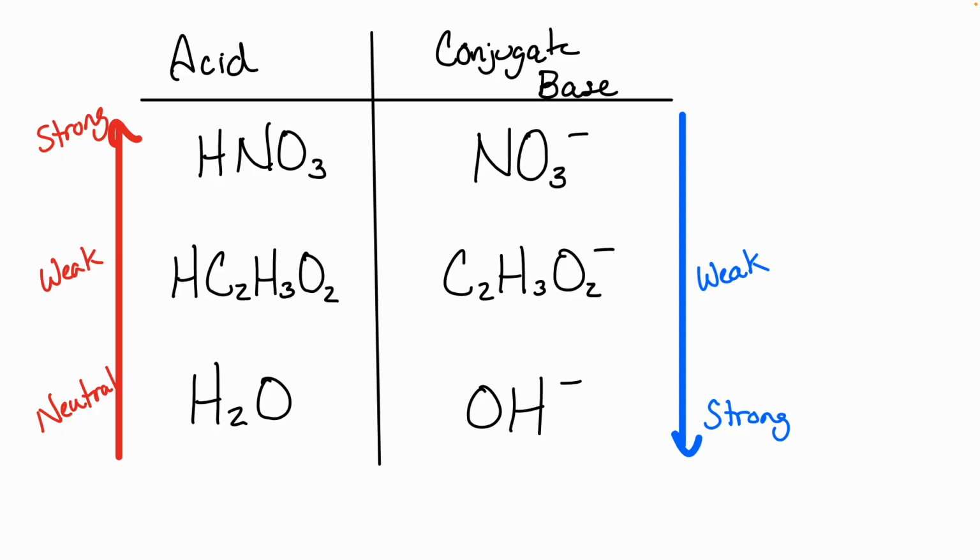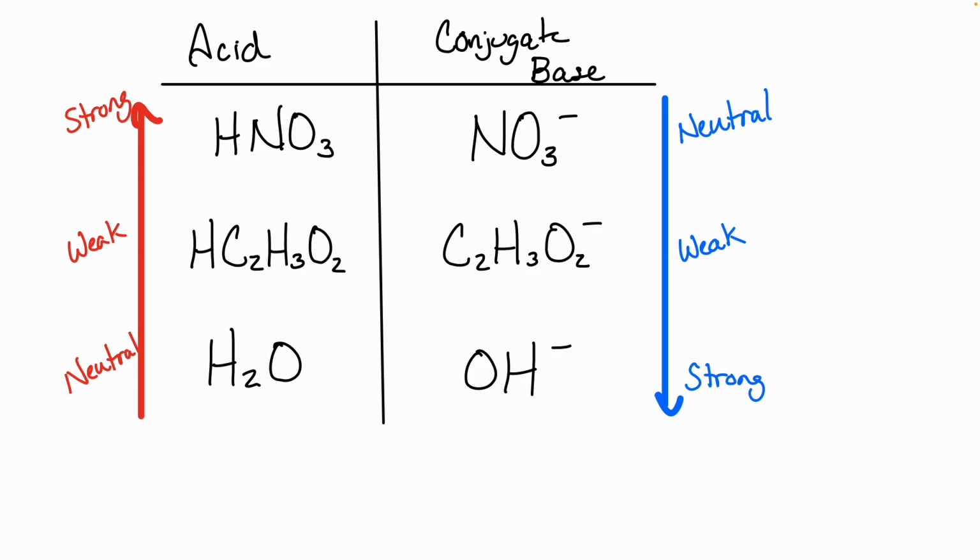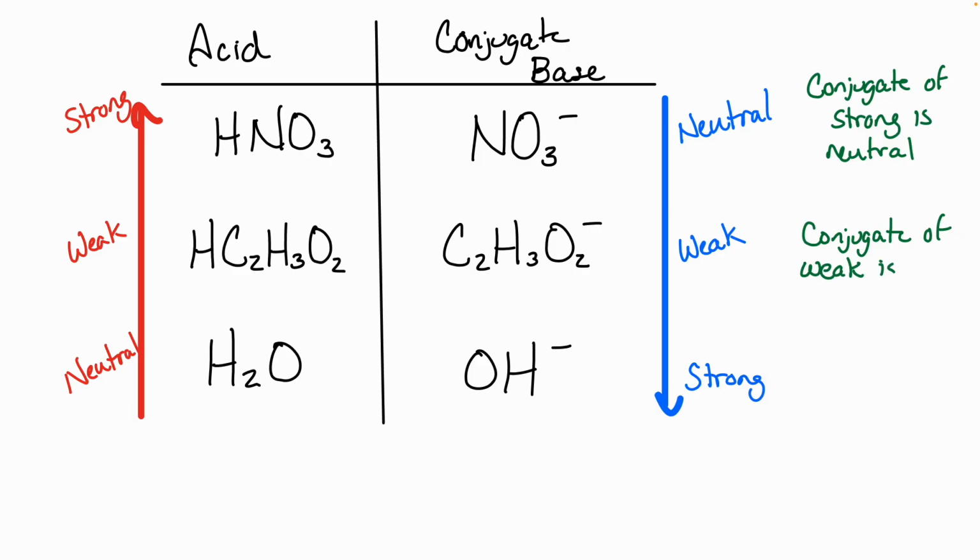And just like the conjugate of something neutral was strong, the conjugate of something strong is itself neutral. So these nitrate ions here, they don't influence the pH at all. The conjugate of a strong acid does not influence the pH of a solution at all. So we just want to make note here because this is going to be really important. Conjugate of strong is neutral. The conjugate of weak is itself weak.